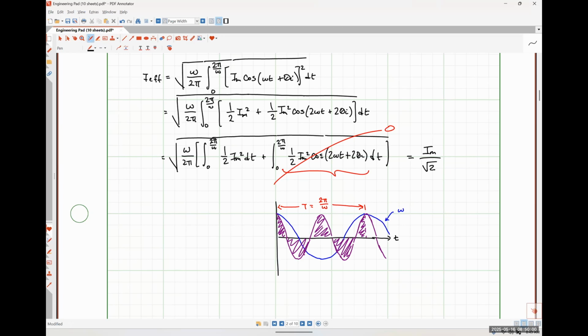It's also independent of phase. The only thing that matters is our magnitude. So this means essentially that whenever you have an AC system anywhere in the world, you can analyze it in the exact same way. The fact that it's oscillating at different frequencies means nothing to us. It's always going to have the exact same effective value. Just take the magnitude, divide it by the square root of 2.